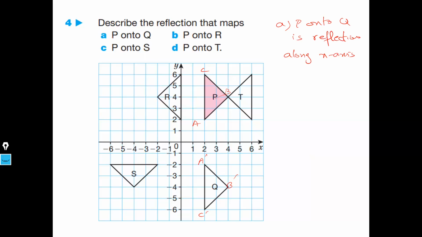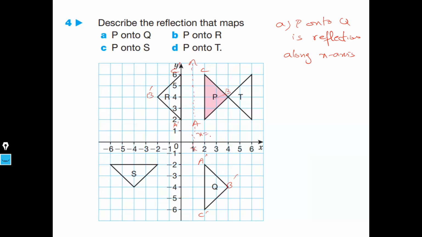Now we look here for question B, P onto R. Now P and R, we come to know that this one is C dash here, this one is B dash, and this is A dash. Okay, look here, C to C dash have the middle line we need to choose. So we choose this middle line, that one is x equals 1. See, this is x equals 1, which is shown in the dotted line.